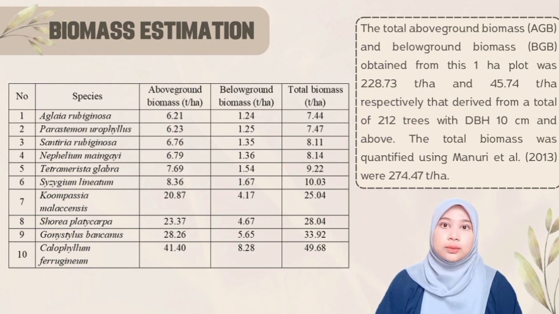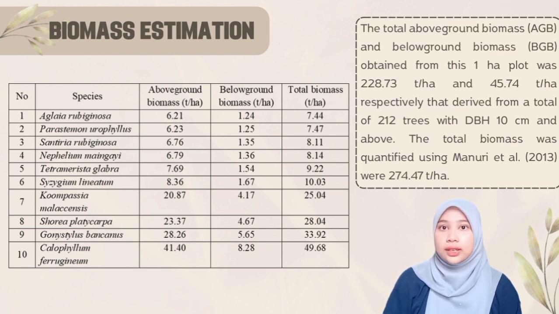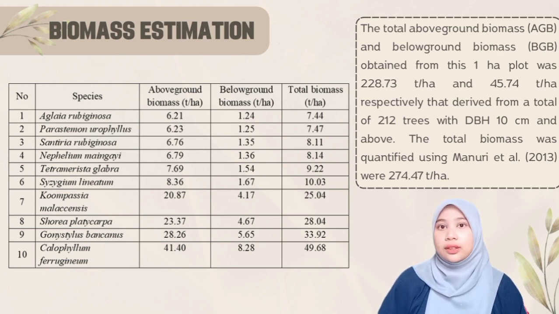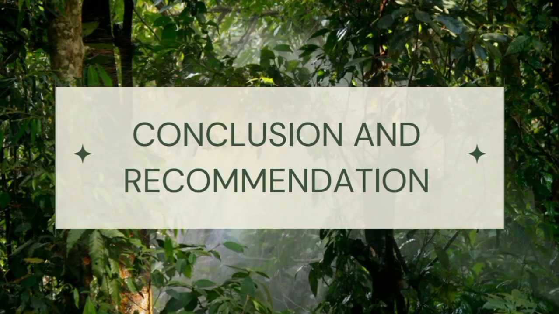The total biomass was quantified using Manuri 2013 were 274.47 ton per hectare. From this study in compartment 75, evidently the biomass loss and change were due to tree death and a minor fraction was accounted for recruitment.